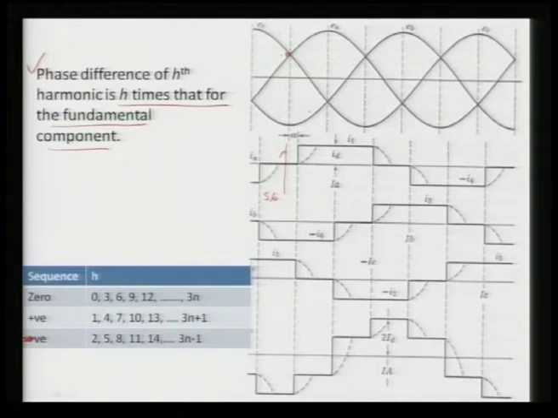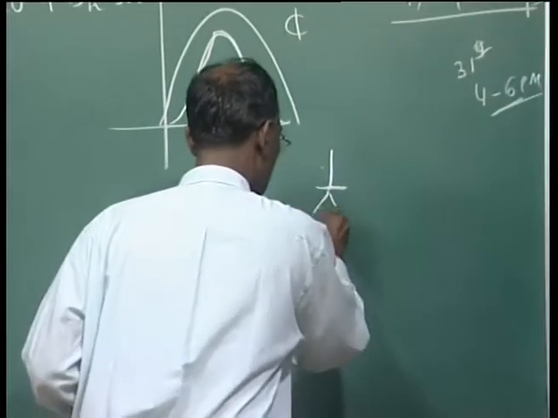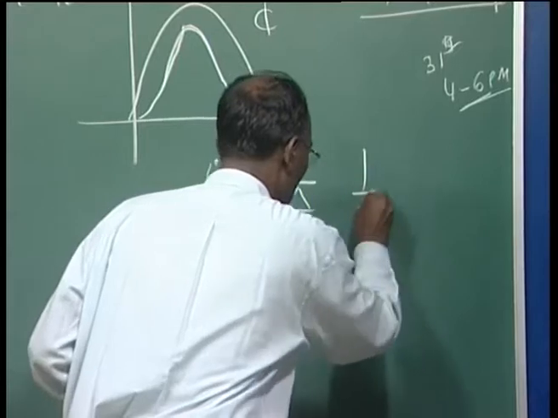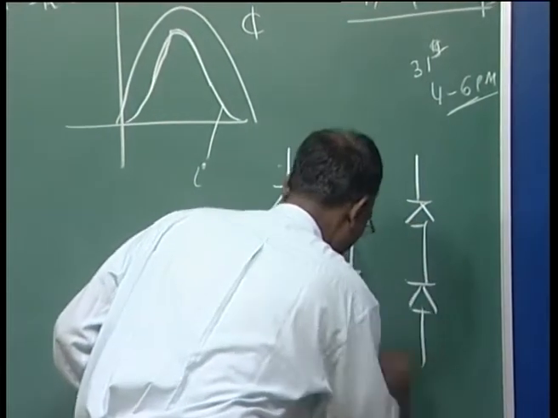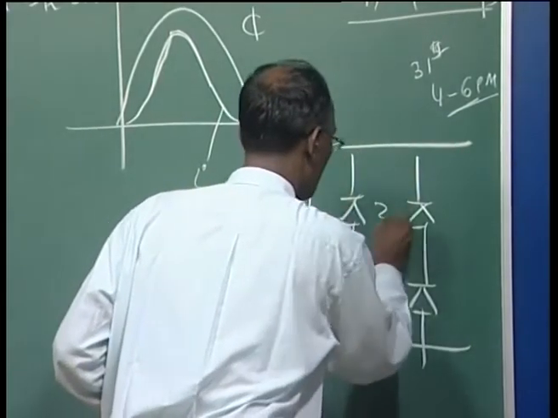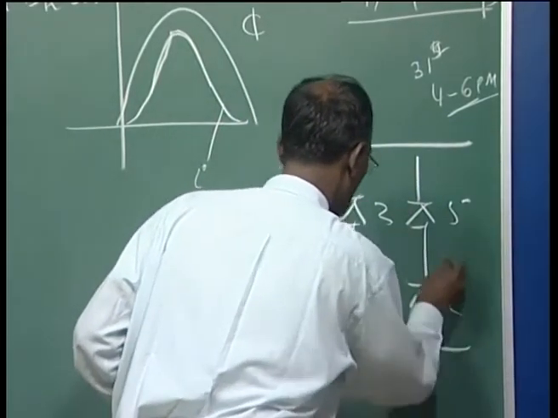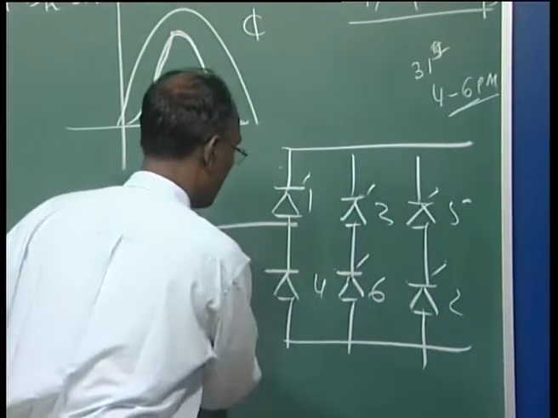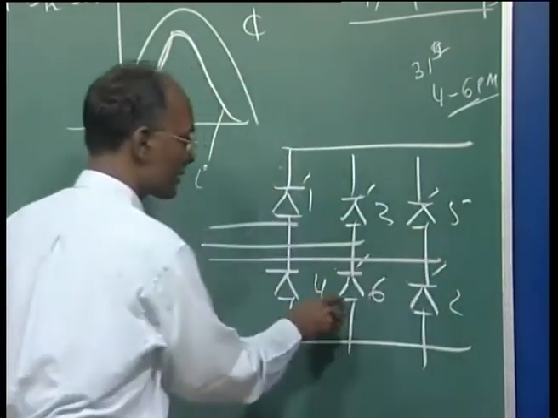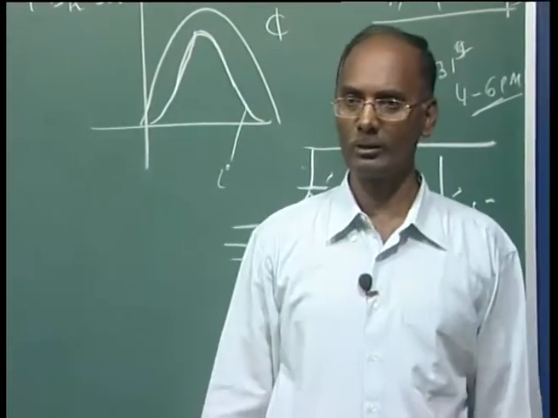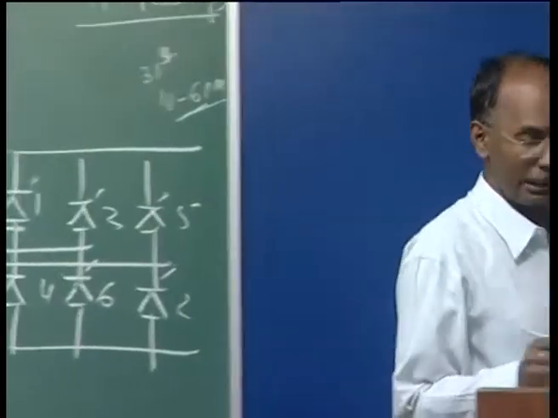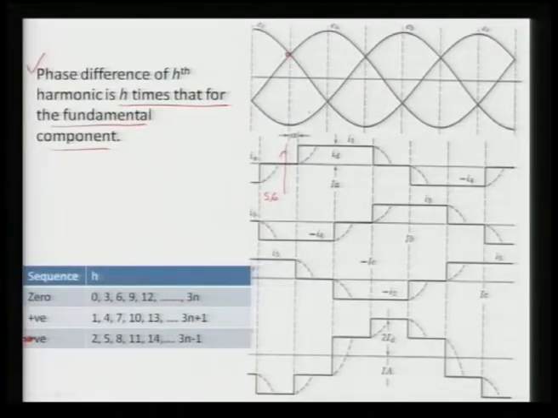Just imagine this is your 6. The order is 1, 3, 5, 4, 6, 2, A, B and C. So 5 and 6 are conducting, then C is coming. EAC is the commutation voltage of valve 1, and at this point it can be fired, but we are delaying it by, let us suppose, alpha degrees, and that is why alpha is measured from here.